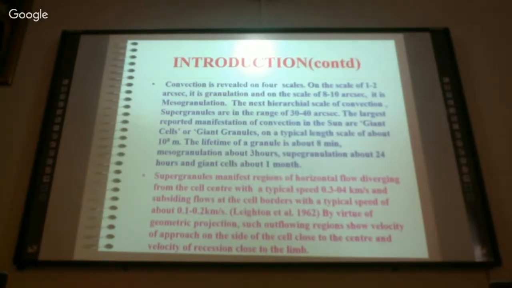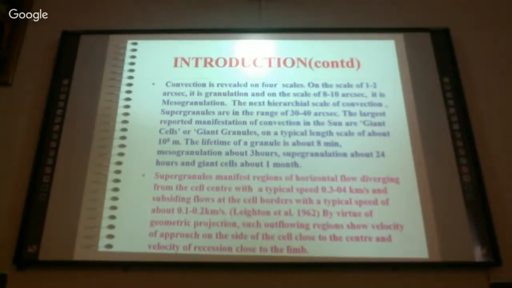Supergranules manifest regions of horizontal flow with a velocity of 0.3 to 0.5 km per second, diverging from the cell center, and with subsiding flows at the cell borders with a typical speed of 0.1 to 0.2 km per second.